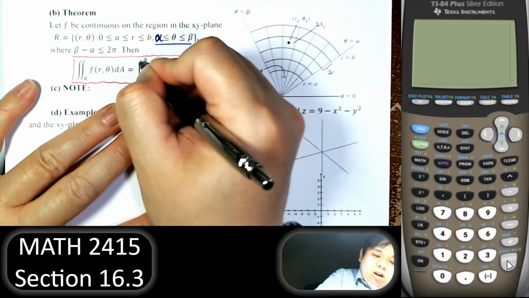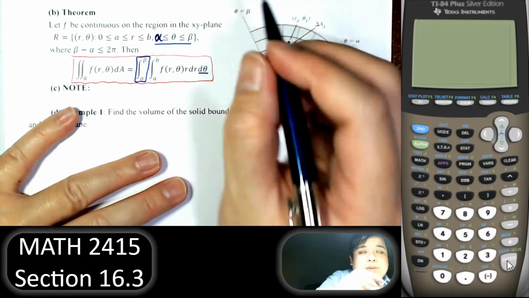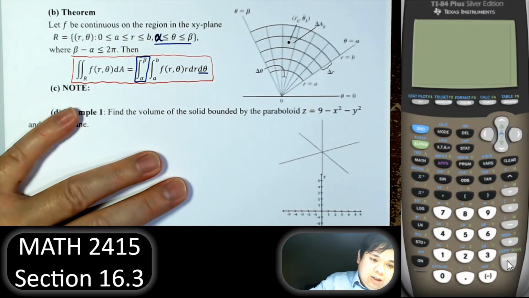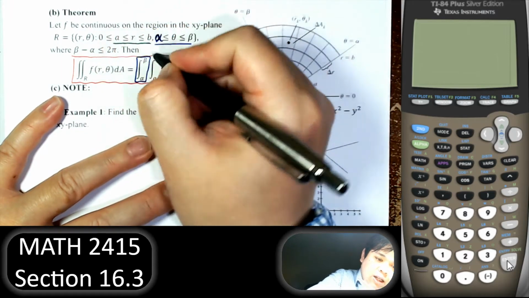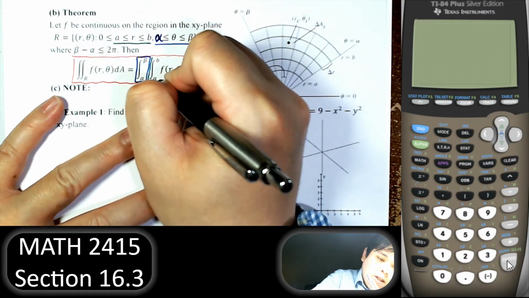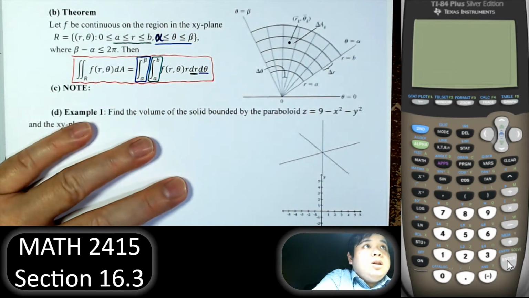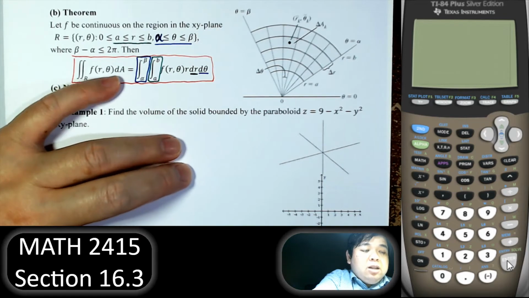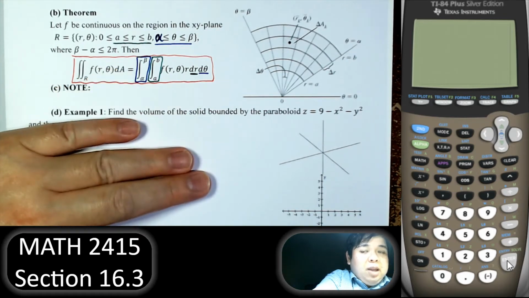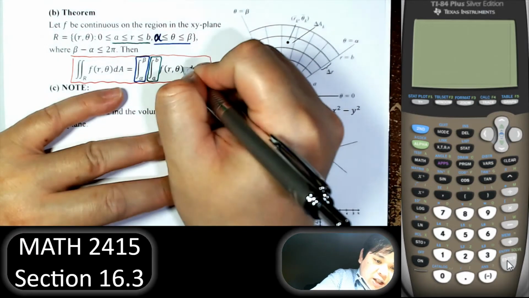Theta is on the outside, so the limit is from alpha to beta. That's good. R is between a and b, and we have dr. So the double integral of the function in polar coordinates of r and theta, dA, is that. Now, what's different here is this r.